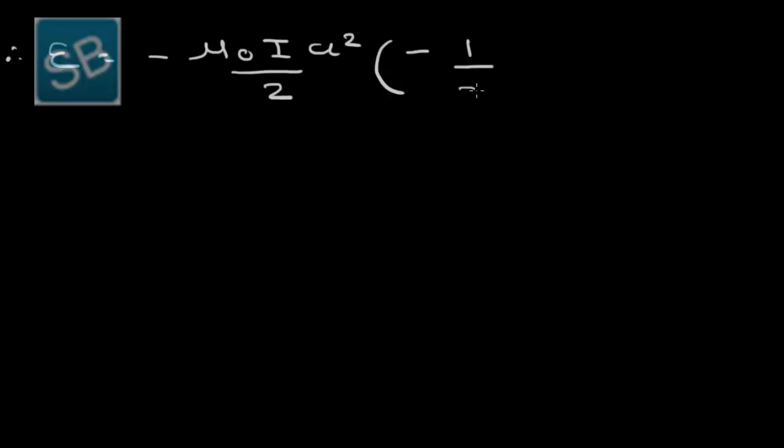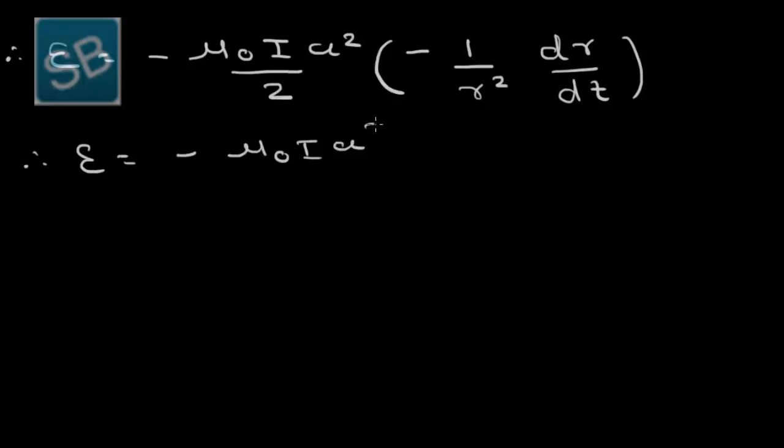Therefore, epsilon is equal to minus mu 0 I a square divided by 2 as it is, d by dt of 1 upon r. So it is minus 1 upon r square, but the differentiation of this r is still not completed. So that is dr over dt. That is equal to minus mu 0 I a square divided by 2r square.